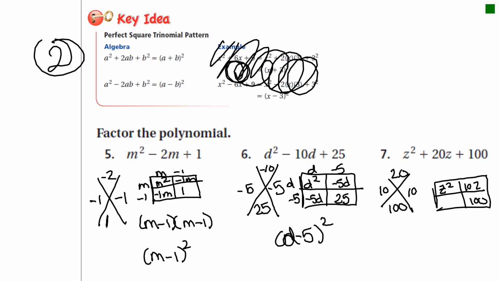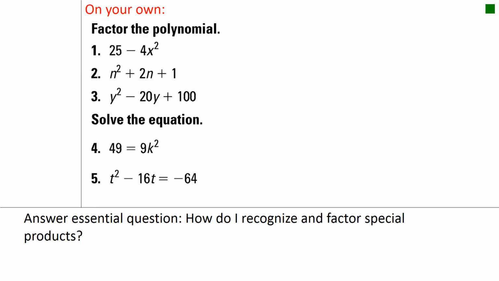So we'll have 10z, 10z, looking for my greatest common factor, z and z, 10 and 10. So this one is z plus 10 squared, because z plus 10 times z plus 10. All right, go ahead and work on these examples on the next slide. Go ahead and pause this video whenever you're ready.